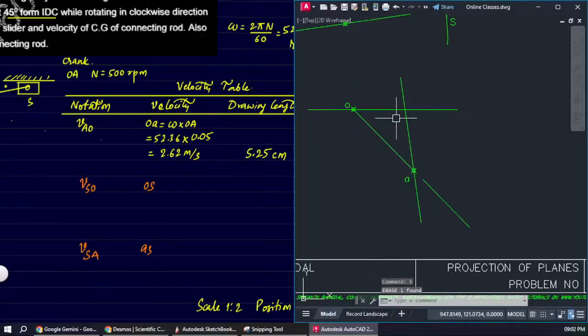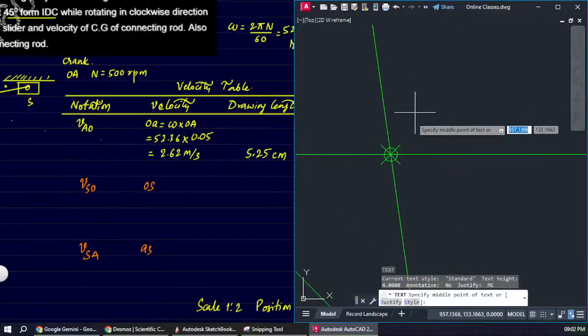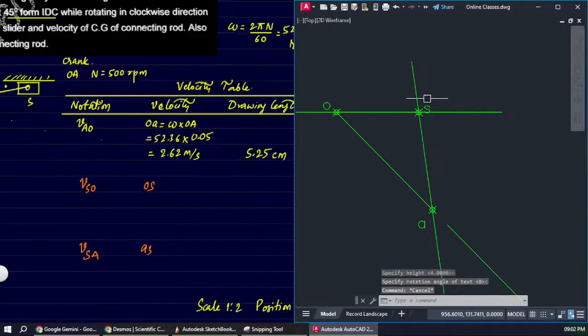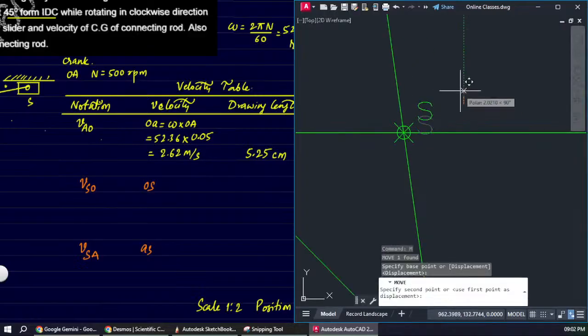Then this is no longer needed, so let us remove it. We have drawn these two lines, not knowing which side the point S will be, but we have got the intersection of the two lines. That point we will have to name as small s.